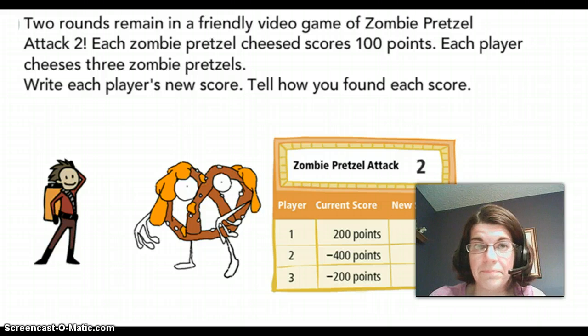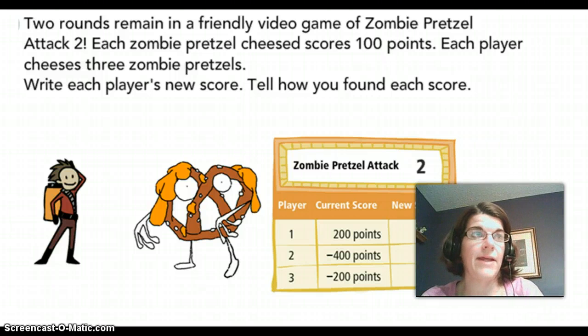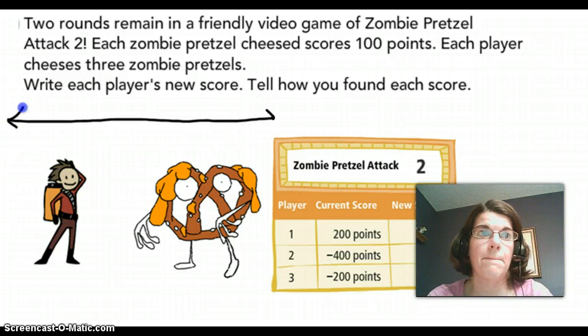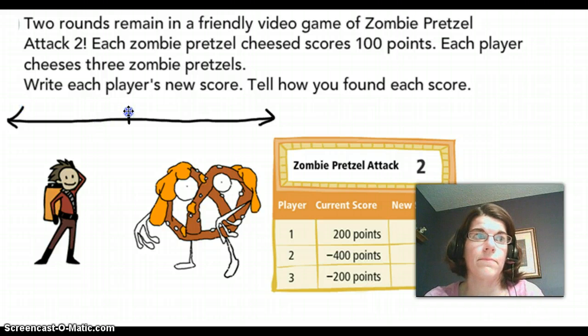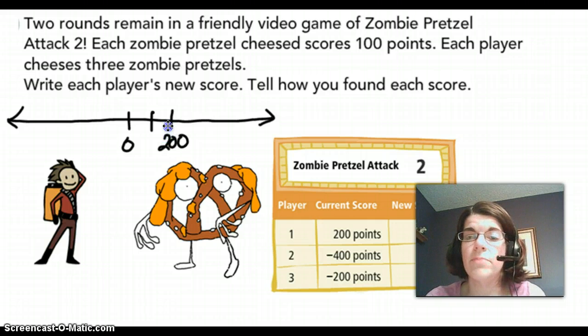The first player has 200 points. And because we have cheesed 3 pretzels, we each earned 100 points each, which would be a total of 300 points. So we have to add 300 points to our previous score of 200 points. If we think of a number line, 200 points, if I'm going up by hundreds, would be 2 jumps or 2 places to the right.